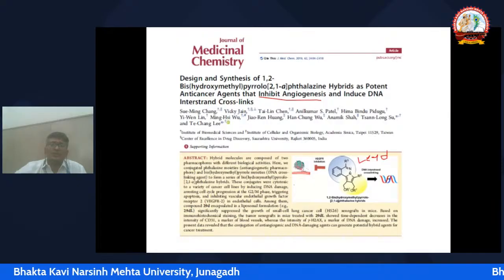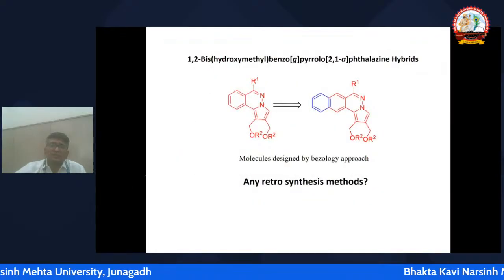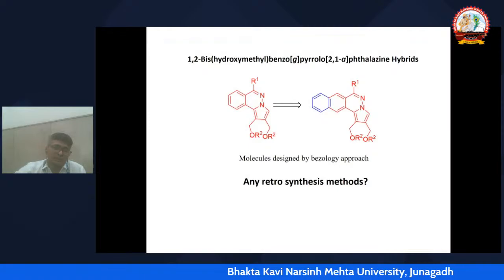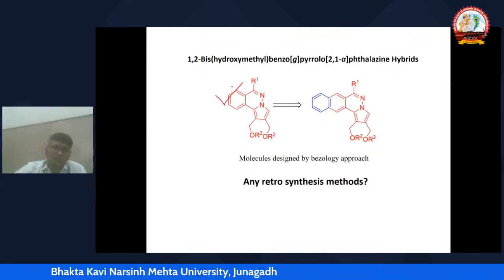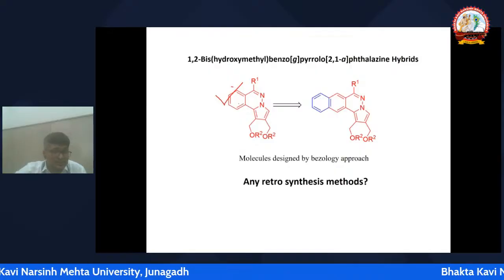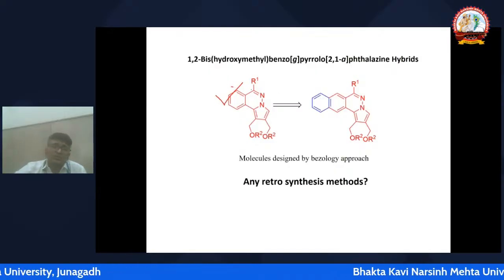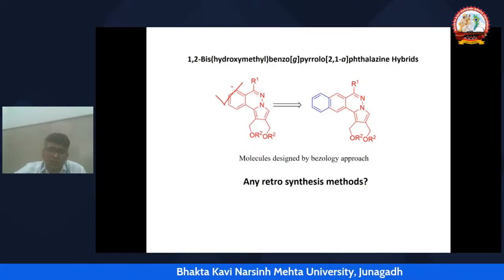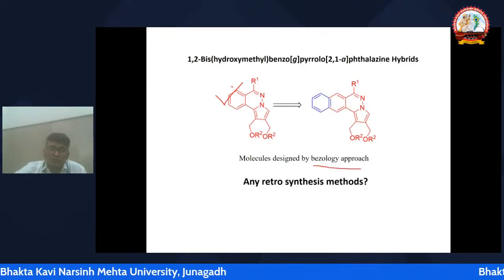So after that, we have one bioisosterism approach. This compound we already published in 2019 in the Journal of Medicinal Chemistry, and it shows very good promising activity. So we can modify this compound by using a benzology approach.